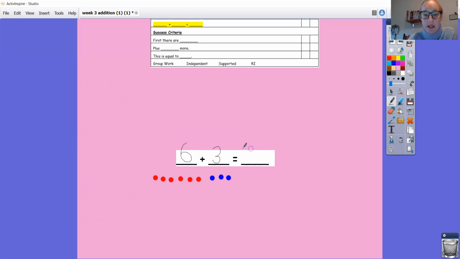And then this is equal to how many? Have a count. How many are there? Well done. So you should have said that that is equal to 9. Okay, I'm going to do one more and then I'm going to give you some more jobs to do.